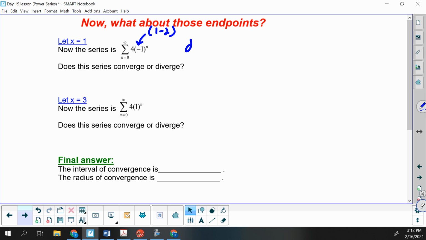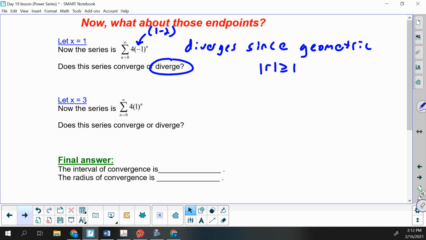We could say that this diverges since geometric, absolute value of r is greater than or equal to 1. You also could have said that it diverged because of the nth term test as well. So therefore that one diverges.